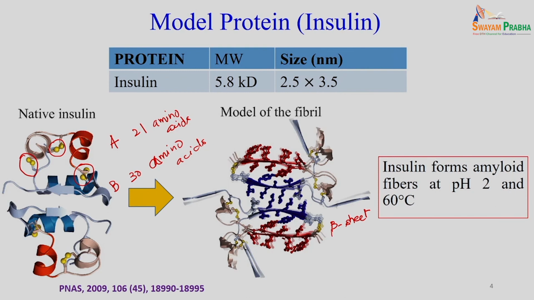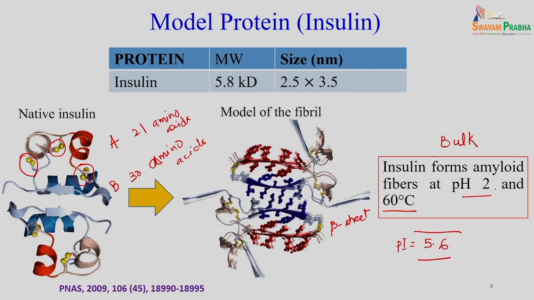Here we are talking about insulin. Now, we talk about external factors like pH, temperature and ionic strength. In the bulk, if you lower the pH to 2 and raise the temperature to 60 degrees centigrade, then insulin forms aggregates. The isoelectric point of insulin, pI, is about 5.6.